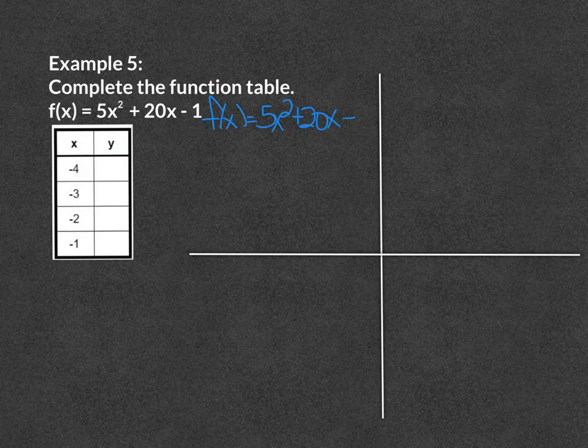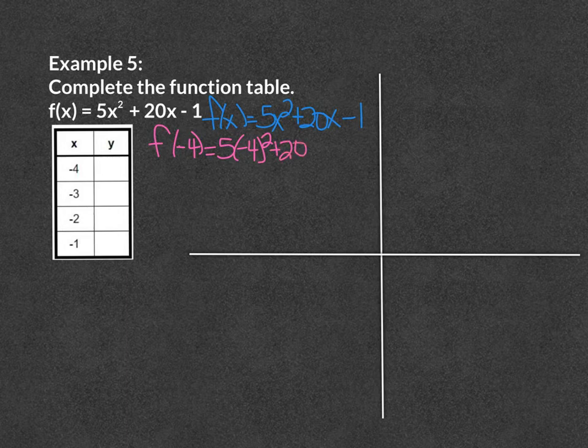So I'm going to start off with negative 4. So wherever there's an x, I'm going to plug in negative 4. So I have f of negative 4 equals 5 times negative 4 squared plus 20 times negative 4 minus 1.